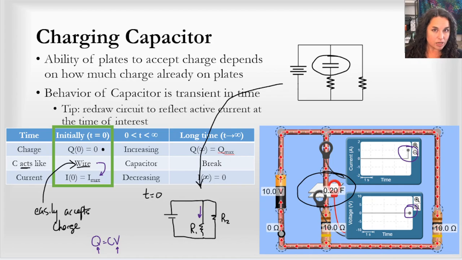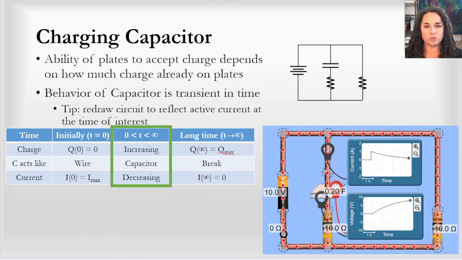If we let some time pass, that capacitor will start collecting charge. And because it's collecting charge, it's going to slow down the rate at which charge is being accepted onto those capacitor plates. So let's look at that situation. I've switched over to the middle here, between t equals 0 and t equals infinity, that intermediate period.